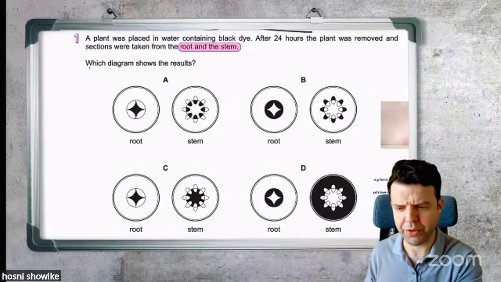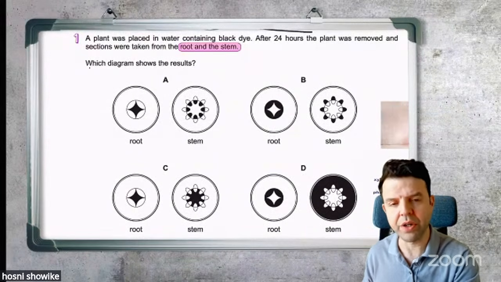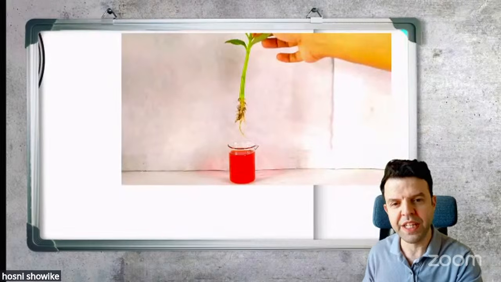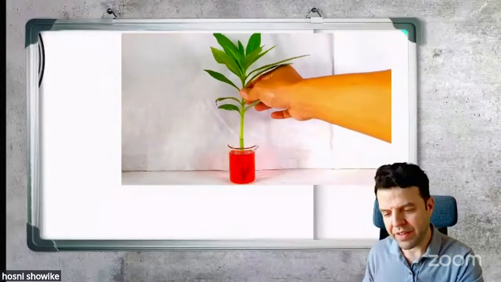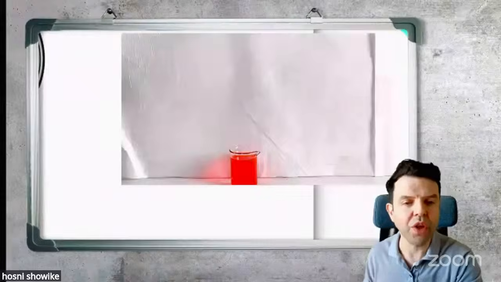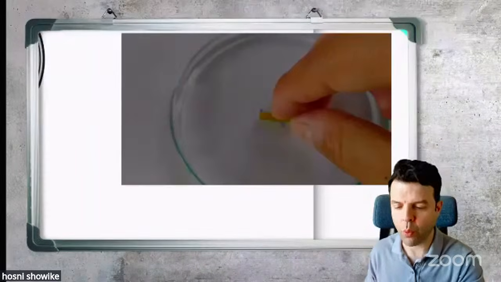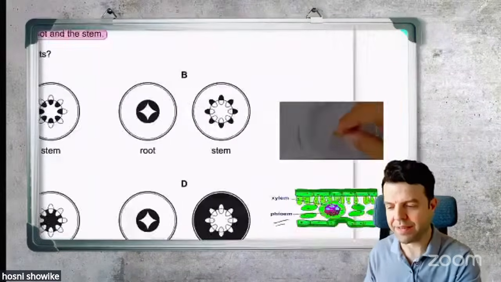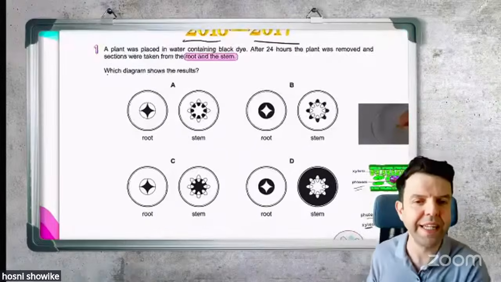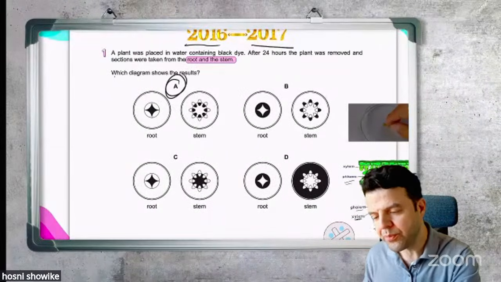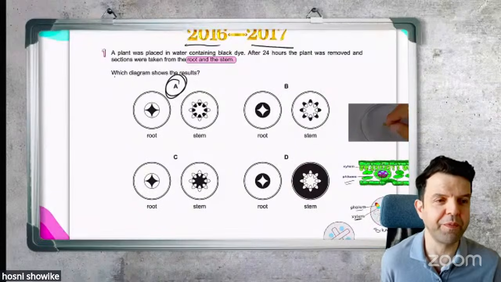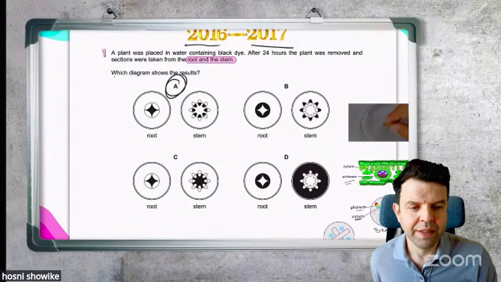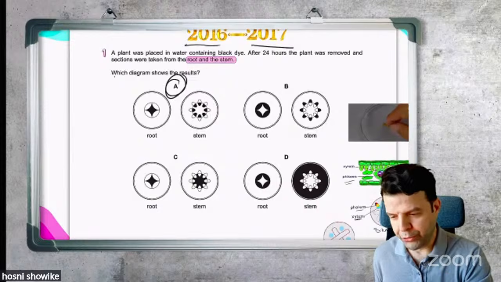The shaded part, because they said the water is being colored. They took a stem like this and they put it in color. The color will run only in xylem. So which one has that shaded part correctly labeled as xylem? Absolutely. Okay. All good?